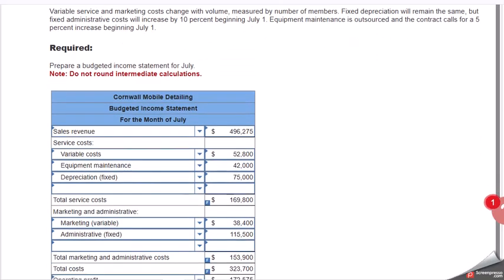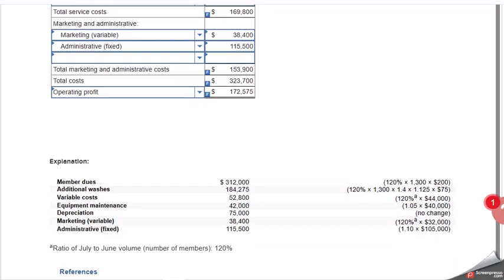So if we come down to our sales revenue, we've got 120% of what we had in June. So that gives us the 312,000. Then 120% of what we had, no, is that the truth?